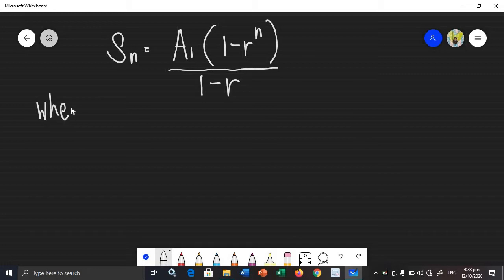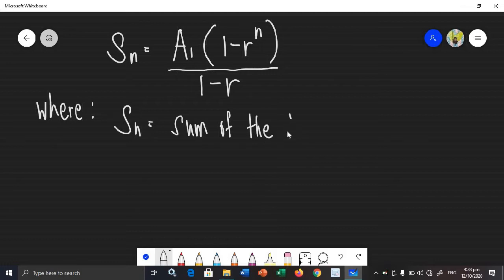Where S sub n is the sum of the first n terms. So n terms meaning kung ilan yung i-add mo na terms sa sequence. So S sub n, yun yung sum ng first n terms.